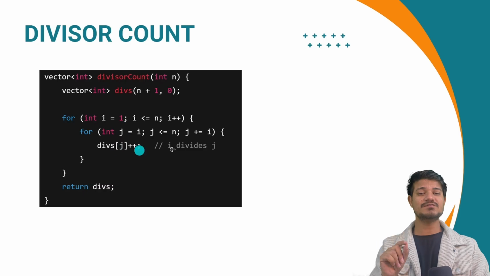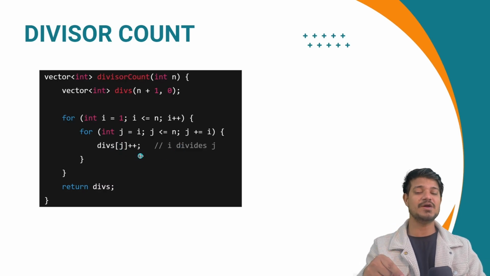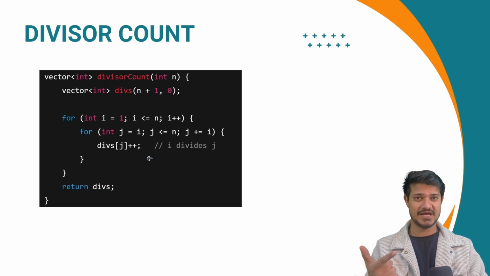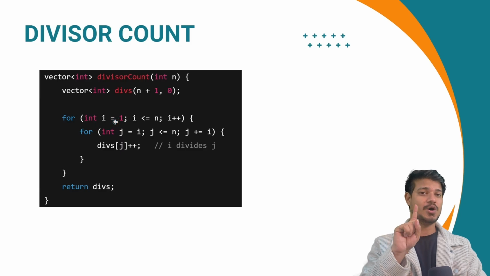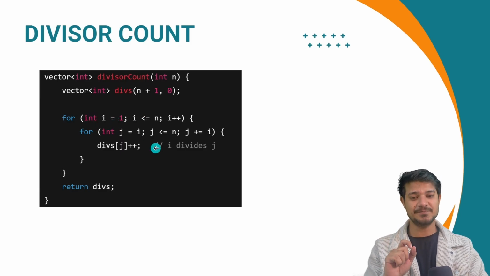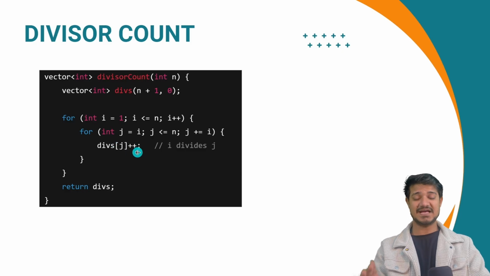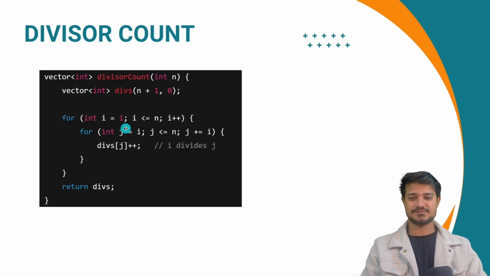So for all multiples of I, which is j, I'll go there and increment the count by 1 because for all of these j's, I is one of their divisors. So for each I, I'm going to increment divisor count for j. As simple as that. So that's why we have two for loops.